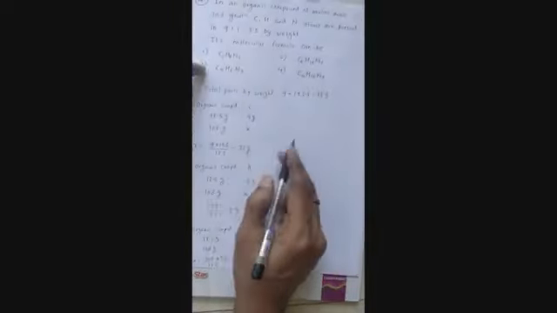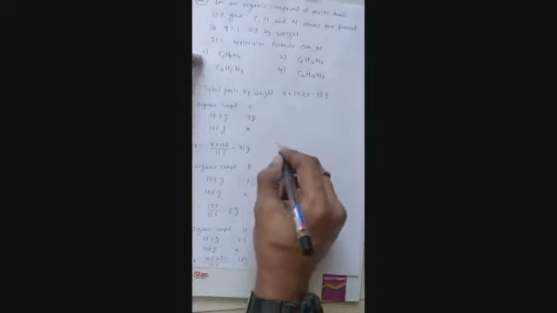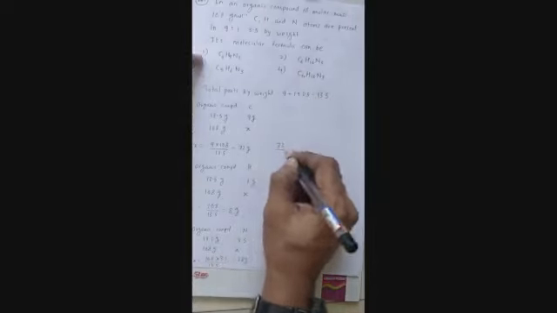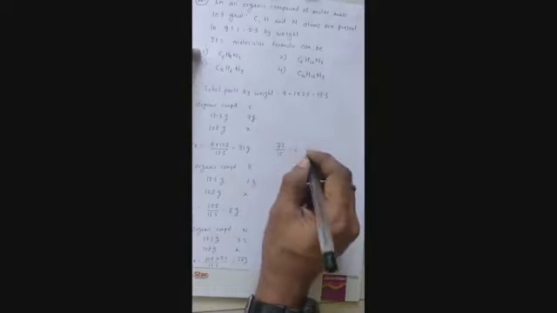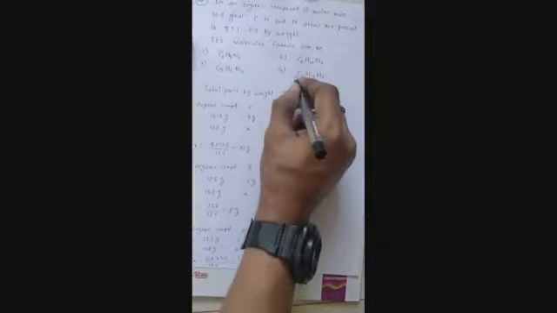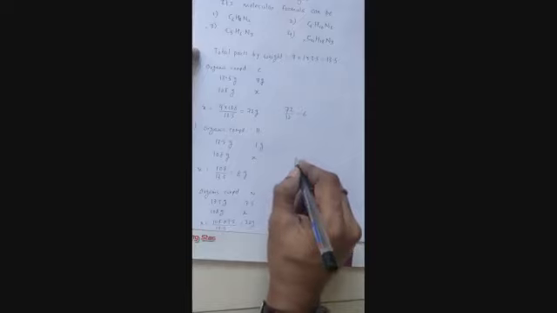Now I'll convert this into number of atoms. This 72. Number of atoms should be mass upon the atomic mass. The atomic mass of carbon is 12. So that is 6. So these two options are gone. And then here again, mass that we are getting is 8. Correct?